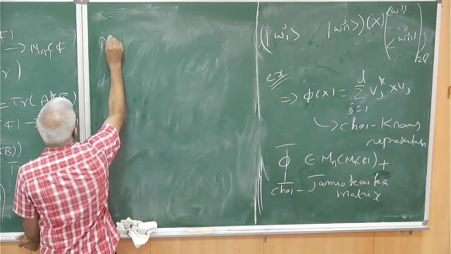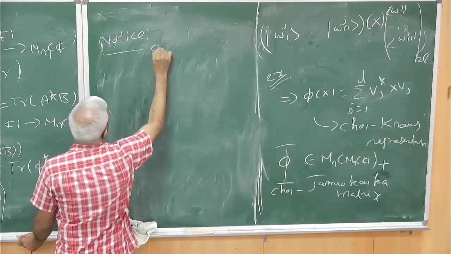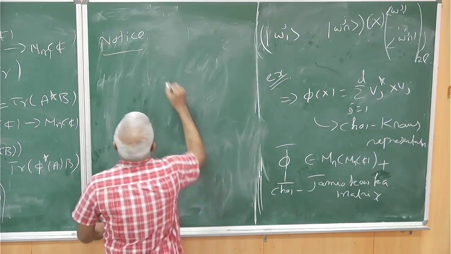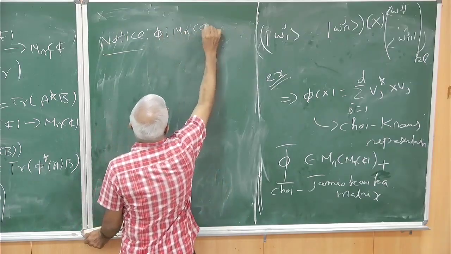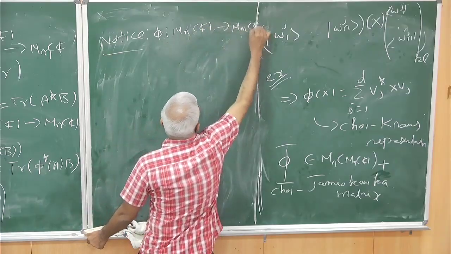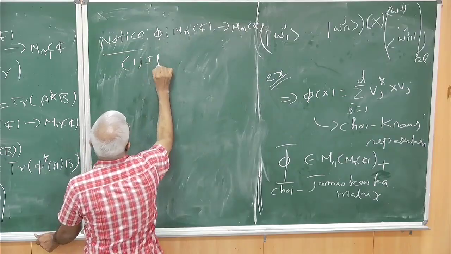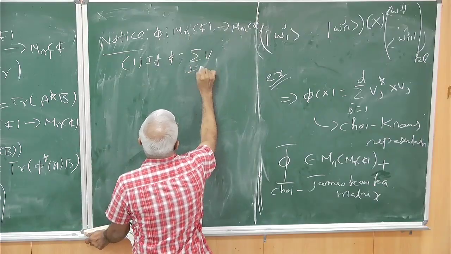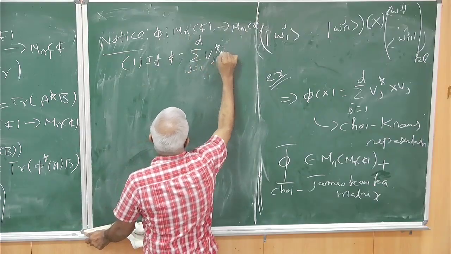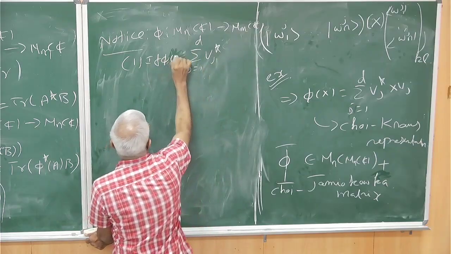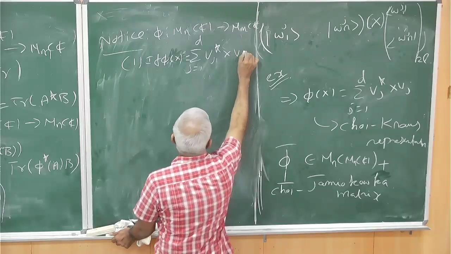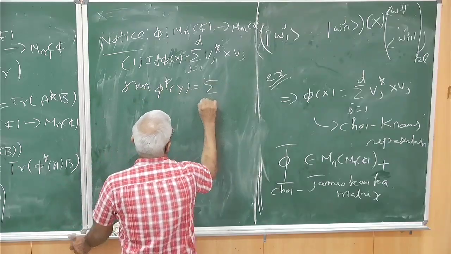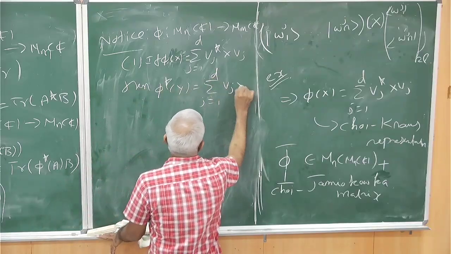So notice, let's say phi is from M_n(C) to M_n(C). If phi of X is equal to summation j equal to 1 to d, Vj star X Vj, then phi star of Y is equal to summation j equal to 1 to d, Vj Y Vj star.